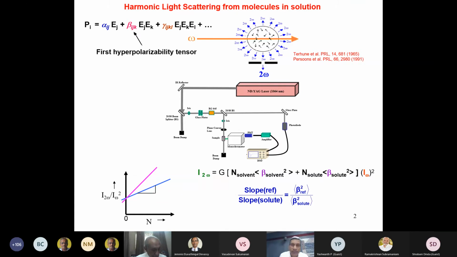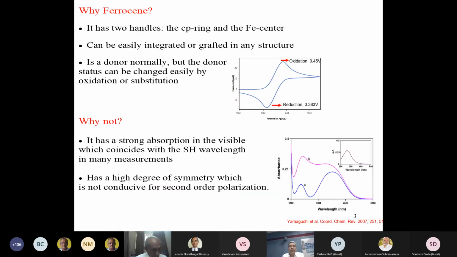The solvent contribution is there, but it can be taken off by using a reference, which generally is paranitroaniline, for some of these molecules that you have measured. With respect to paranitroaniline, if you know the slope of the straight line, as shown in this figure, with respect to the concentration or number density, then you can compare and find out the beta, the second order polarizability of an unknown molecule. So that's what we basically do, and that's what we decided to do at that time.